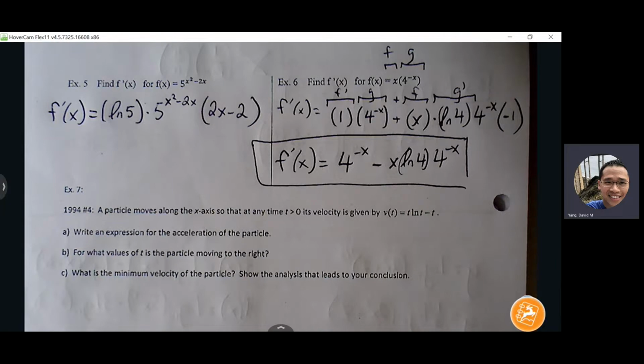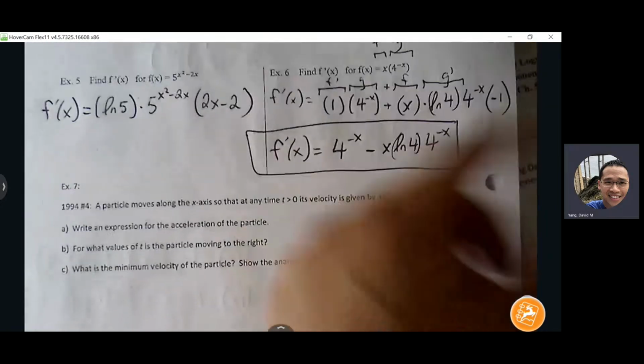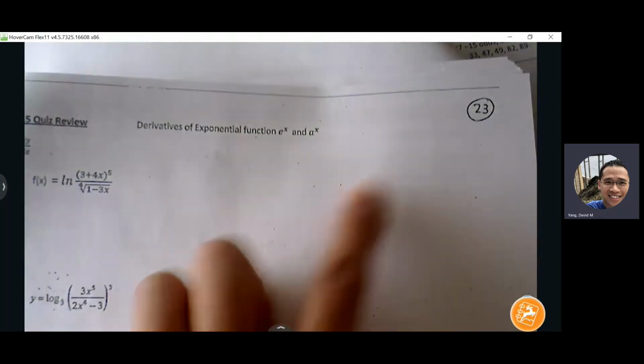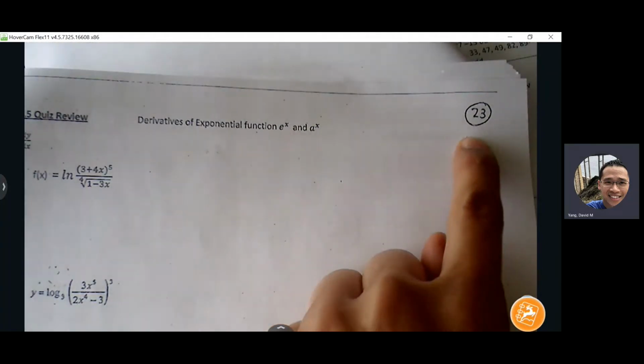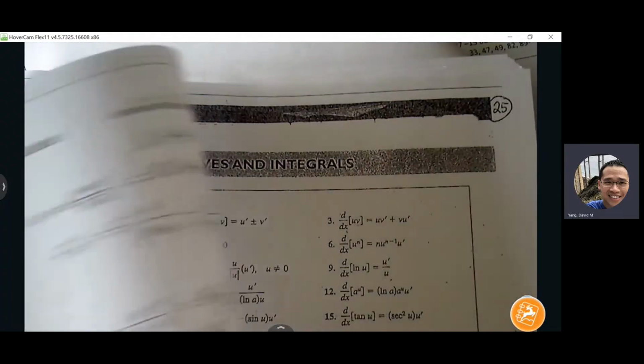Okay, any questions? So tomorrow we're going to try to put things together, just do some review with these rules here. If you can look at page 23, tomorrow you'll be working through page 23. 24 is the key, so we'll practice through this.